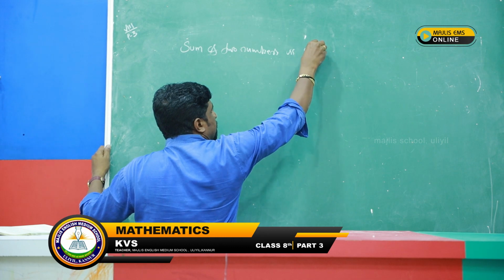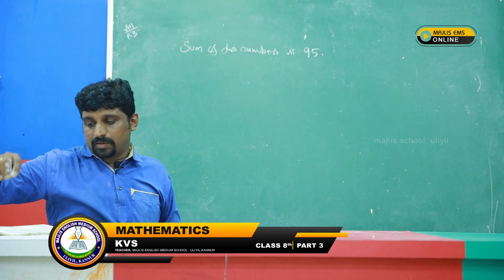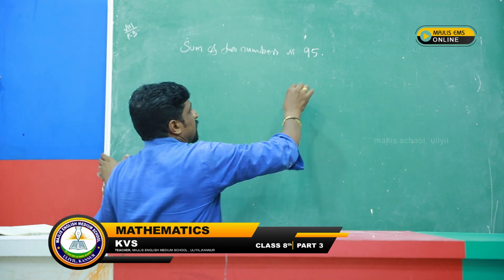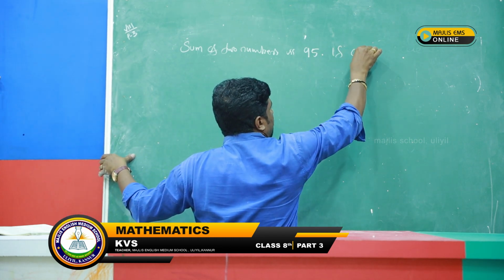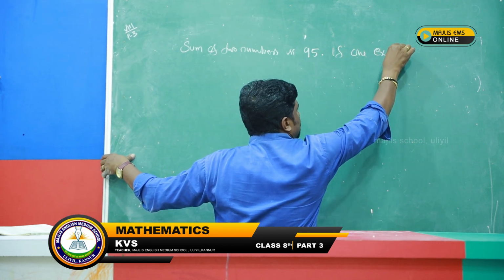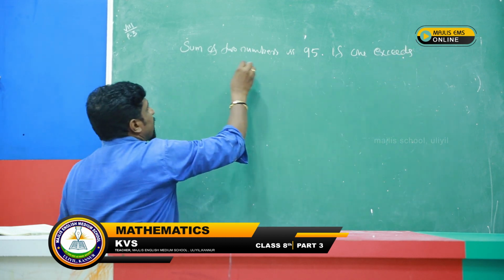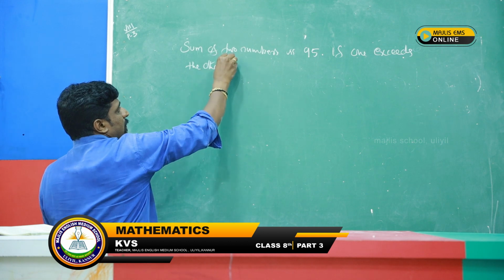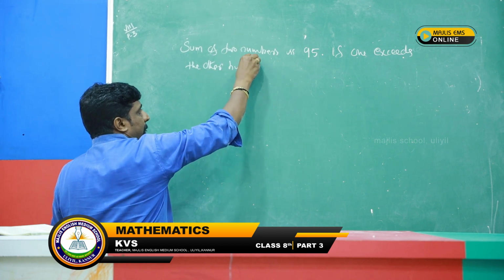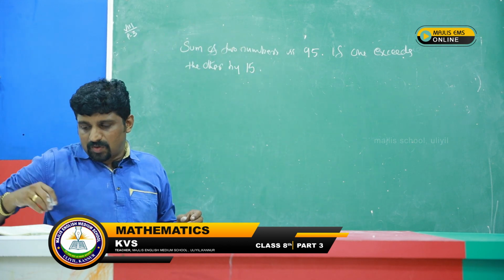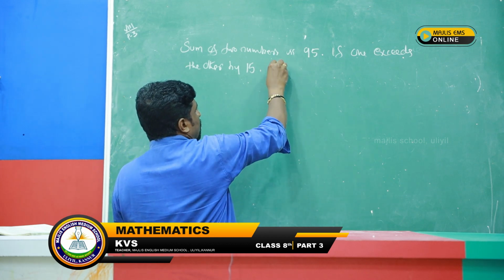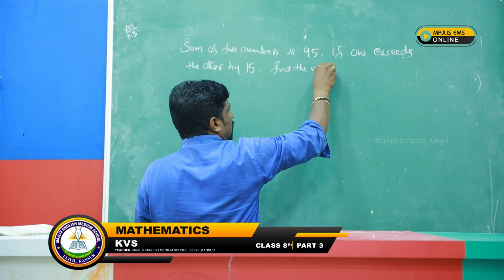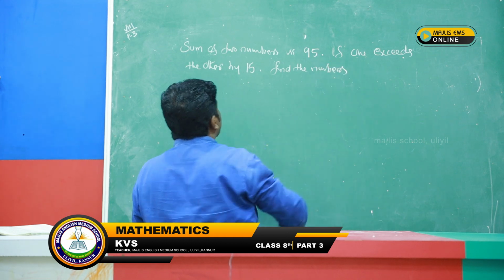If one exceeds the other by 15, find the numbers. We need to find the numbers.